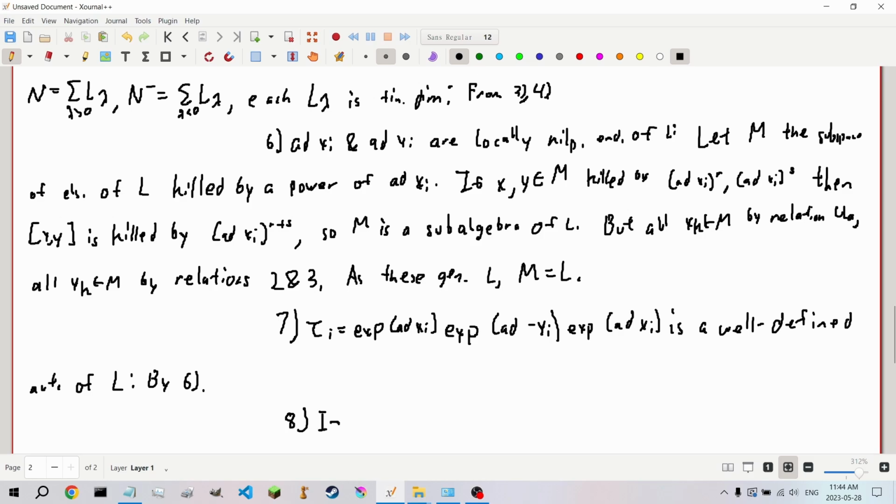If we have two elements lambda and mu in the dual of h with sigma of lambda equaling mu for some sigma in the Weyl group, then the dimension of L lambda is the dimension of L mu.